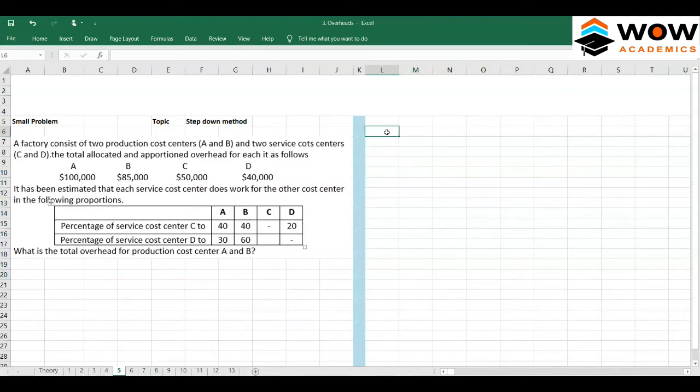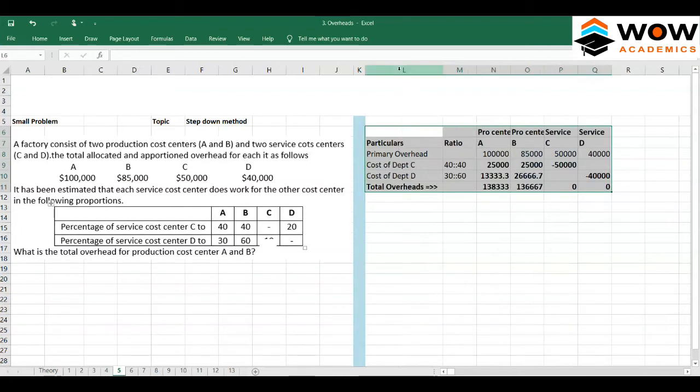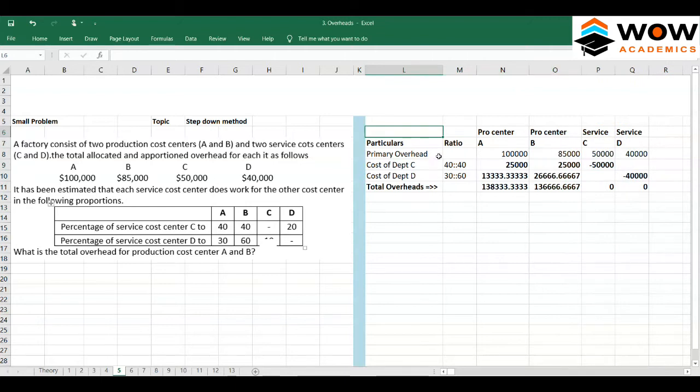The table is the same as what we did for direct reapportionment, and now we'll do it according to the step down method.